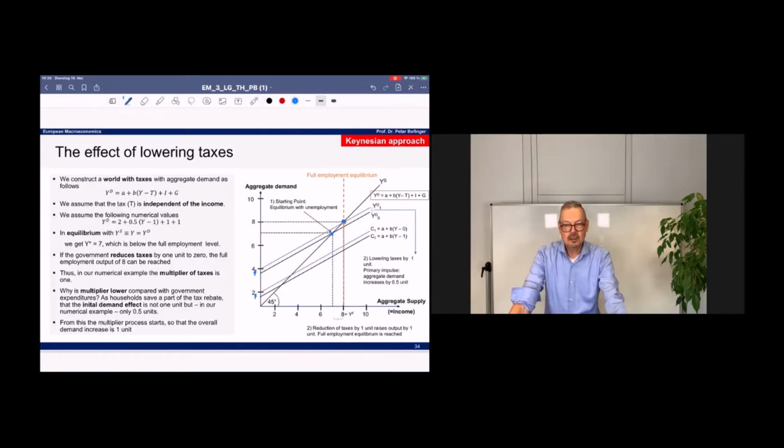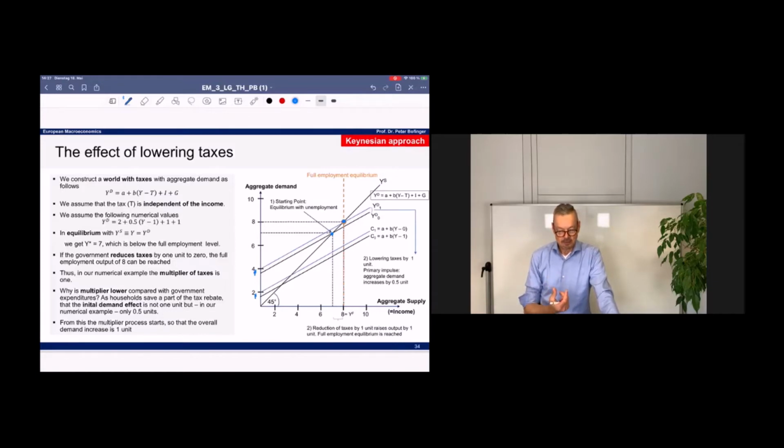The question is, why is this the case? What explains the difference? And it's relatively simple. The initial effect of the reduction of taxes by 1 million is only half a unit on output, because 50% of the lower taxes are just saved by the households.